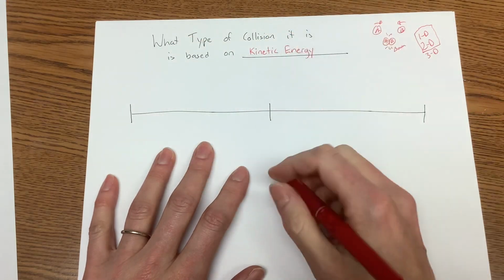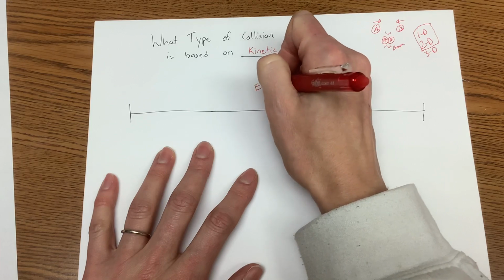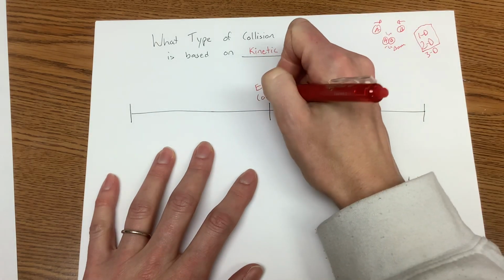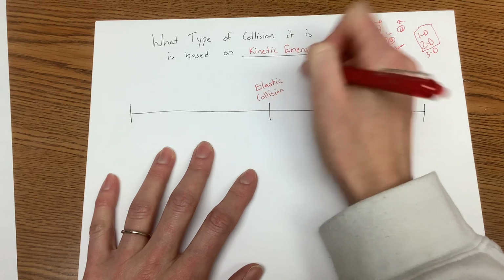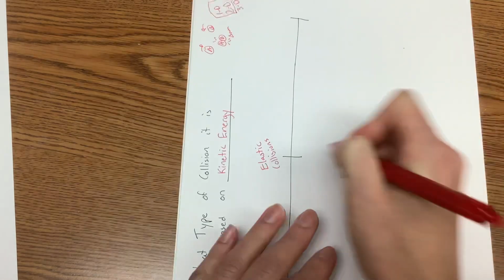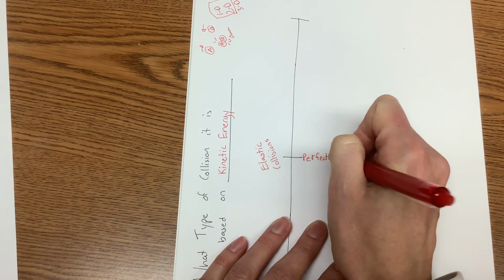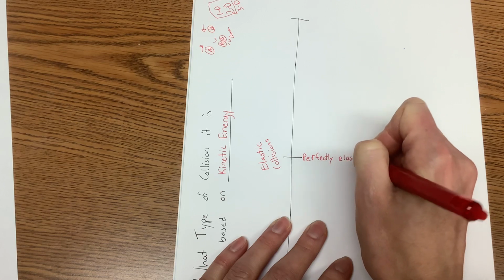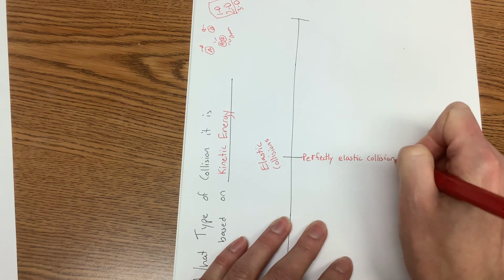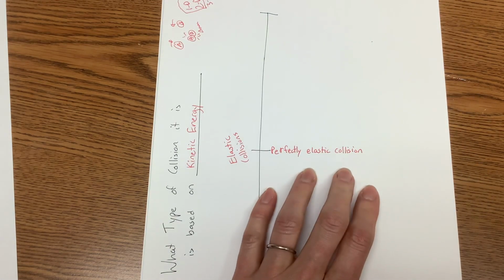The first kind of collision is called elastic collisions, and those go in the middle. And there's one that goes right on this line here. I'm going to turn it. It is called a perfectly elastic collision because there's some collisions that we consider to be elastic, even though they're not perfectly elastic.